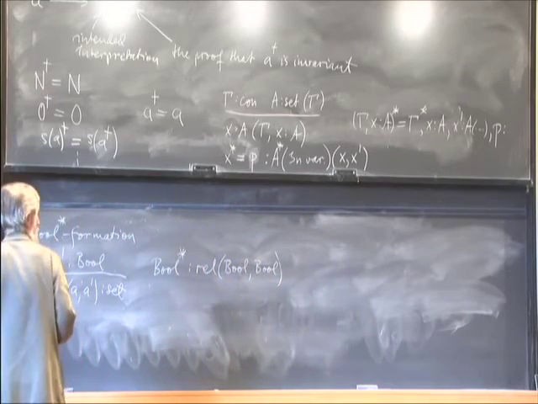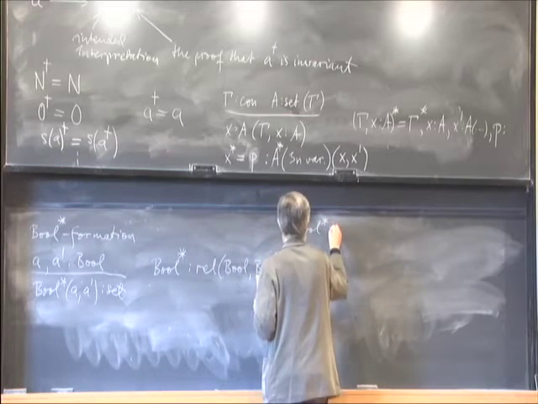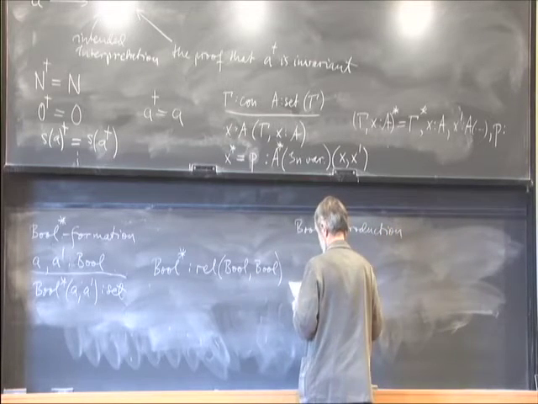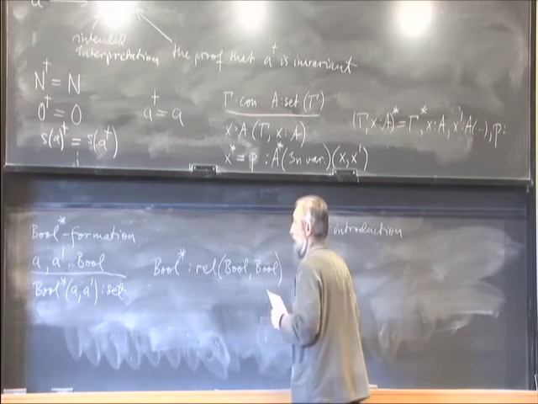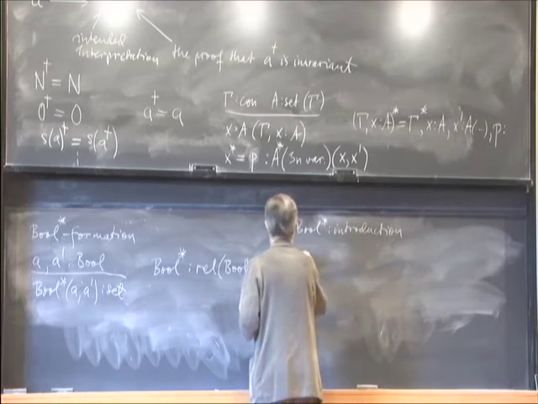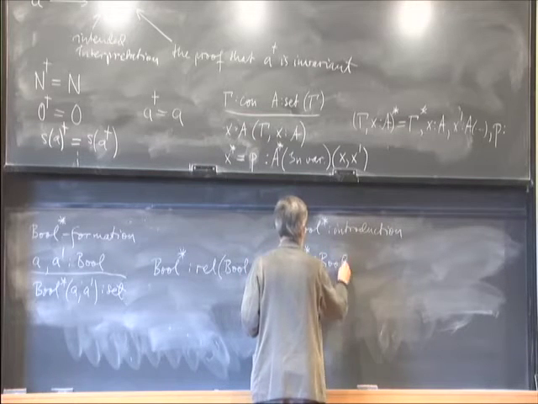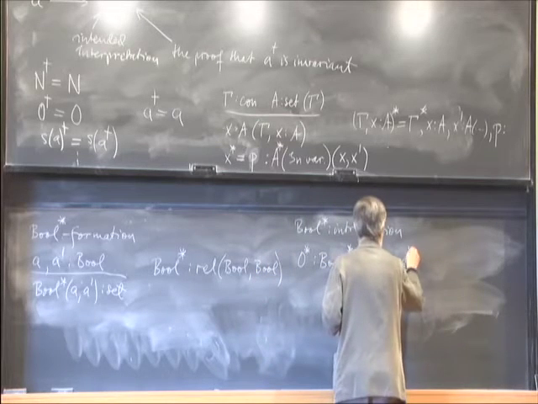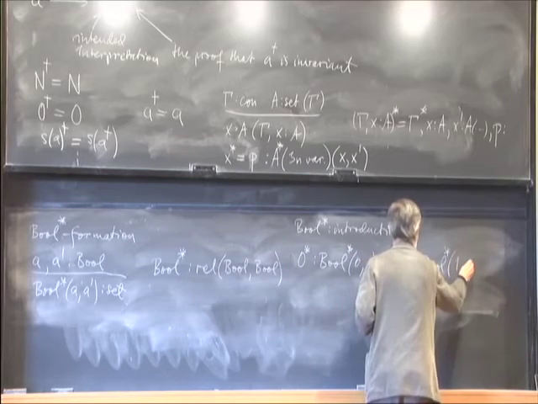So that's the formation rule, and then we have the introduction rule for bool star, which is the obvious one. I want to say that 0 and 1 are related to themselves, so I need to introduce a canonical proof 0 star that 0 stands in the relation bool star to itself, and similarly then 1 star proving that bool star holds of 1 and 1.